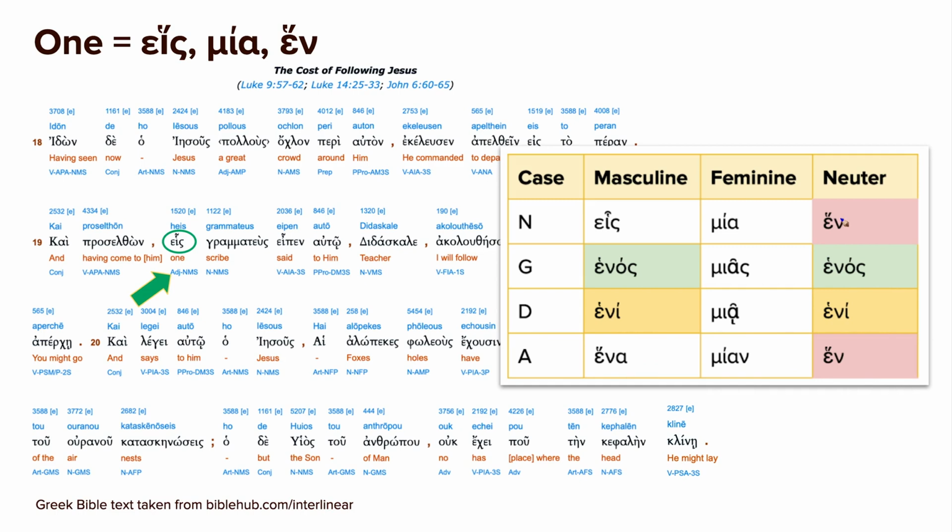So notice the neuter nominative and accusative are the same, and the masculine and neuter are the same in the genitive and in the dative. All right, so here we see, and having come to him, one scribe, εἷς γραμματεύς, and we have a nominative masculine singular noun, scribe. So it's going to take the nominative masculine, and it's always singular, of course, because it's one.